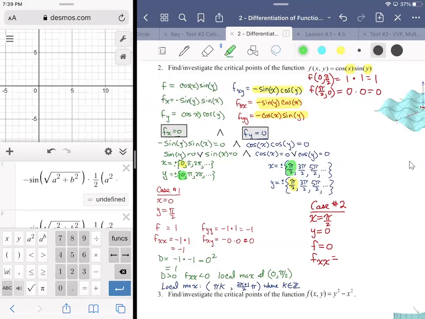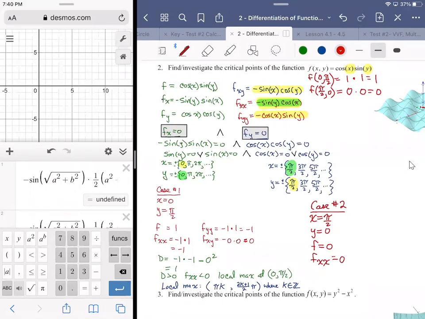So I'm popping in a pi over 2, 0 for x and y, respectively. So if I replace the cosine with a pi over 2 in this expression, cosine pi over 2 is going to 0, so everything else is going to 0.